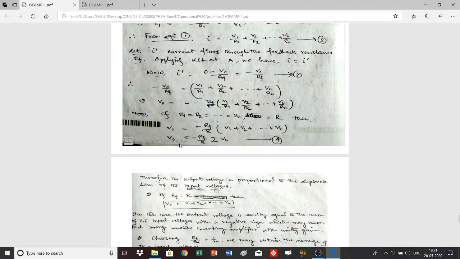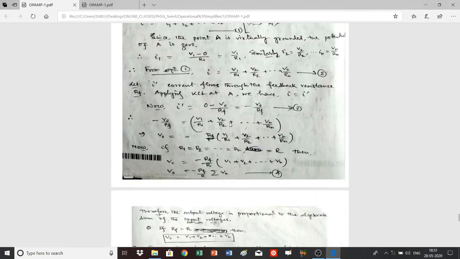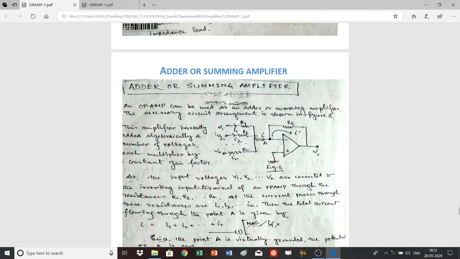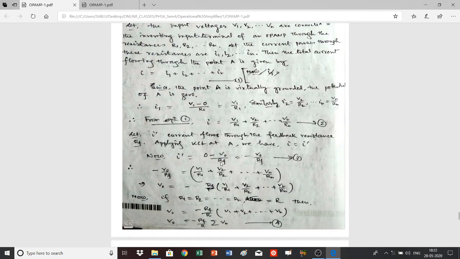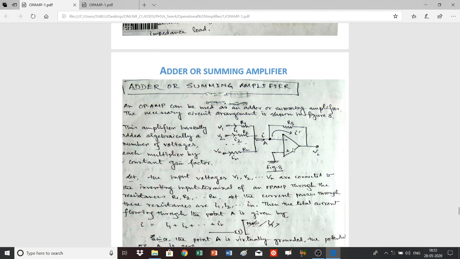Further, if Rf and R have the same value, then V0 is minus of V1 plus V2 plus V3 up to Vn. The negative sign is here. Then the amplifier will act as an adder, that means it will sum the input voltages. So OPAMP can be used to implement an adder or summing amplifier.